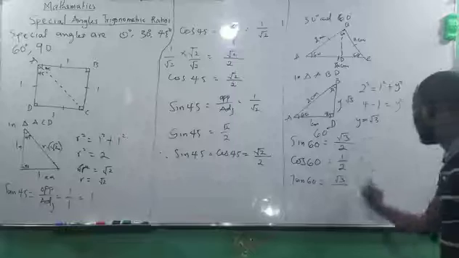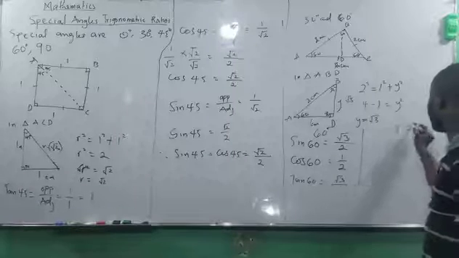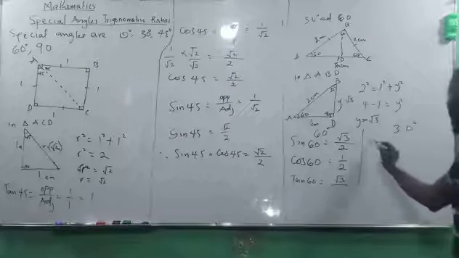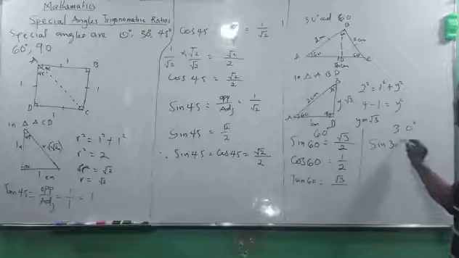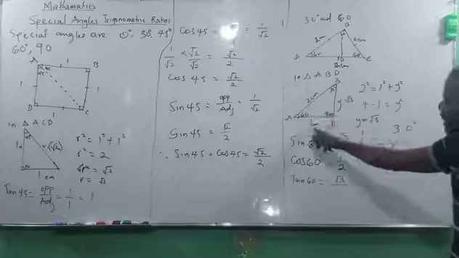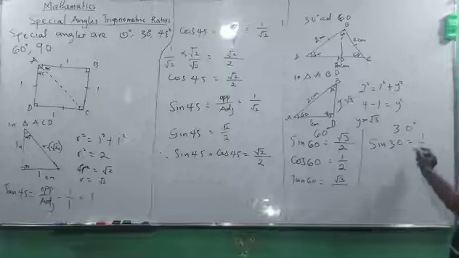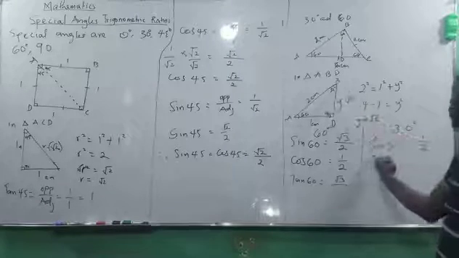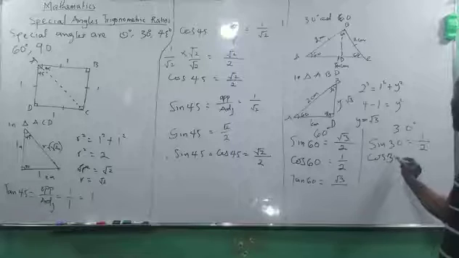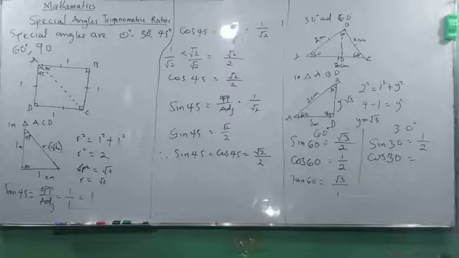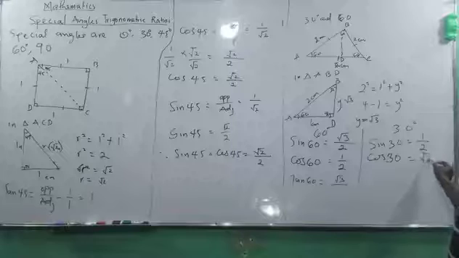Now, let's work on 30 degrees. Look at 30. When I have sine 30, it will be equal to 1, which is opposite all over hypotenuse. Now, cos 30 will be equal to adjacent, root 3 all over hypotenuse, all over 2.